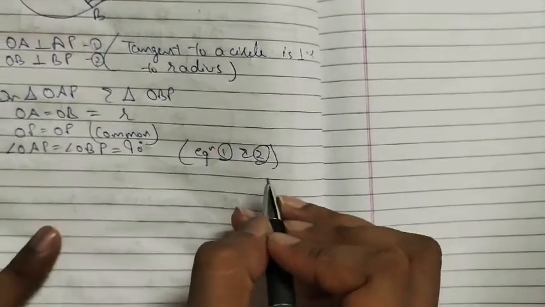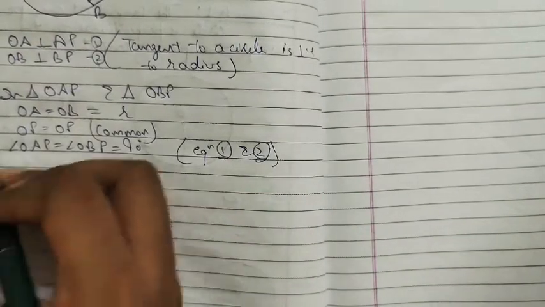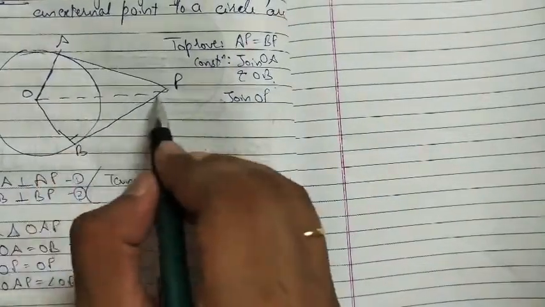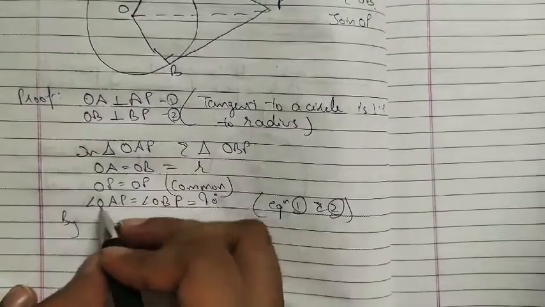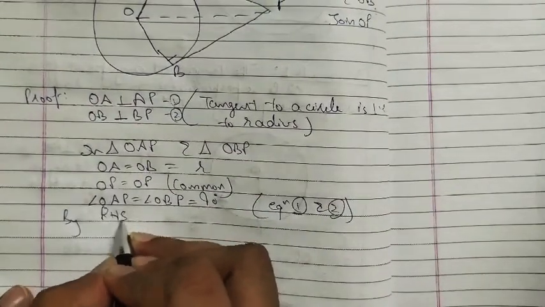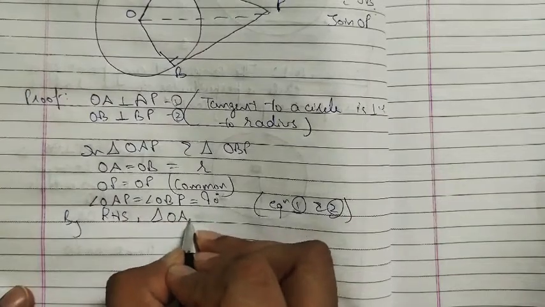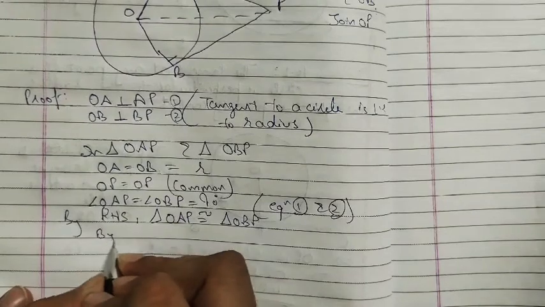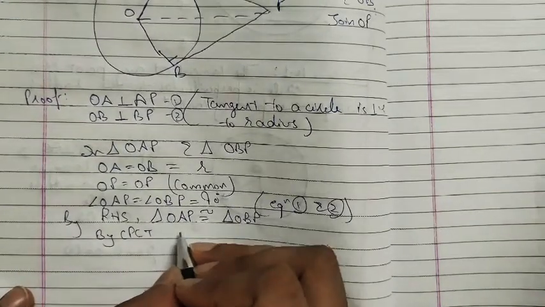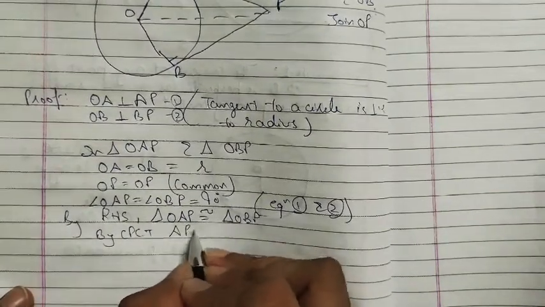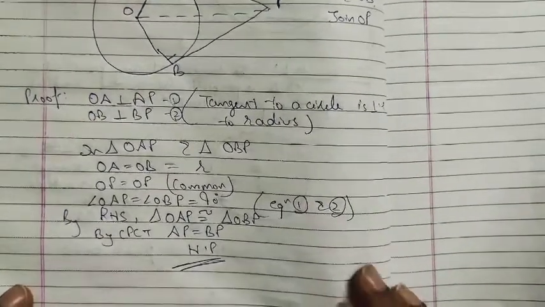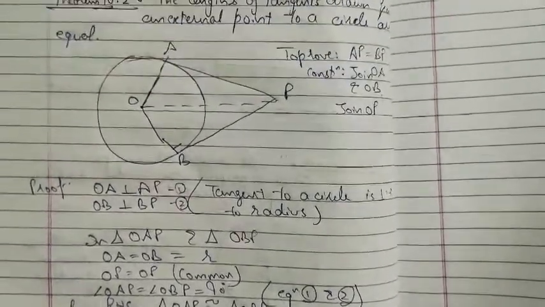So by RHS, right angle, hypotenuse and side, triangle OAP is congruent to triangle OBP. So by CPCT, AP is equal to BP. Hence proved. So this is our theorem 10.2.